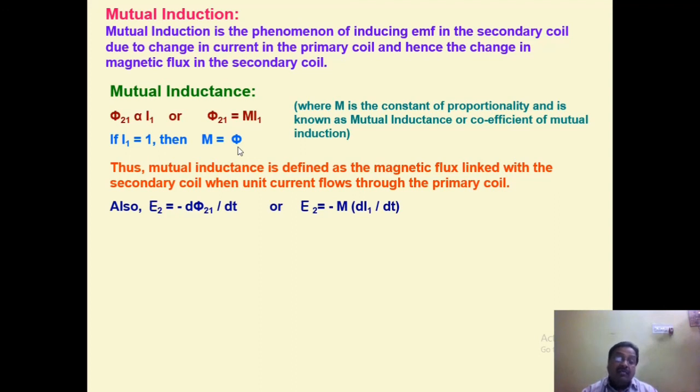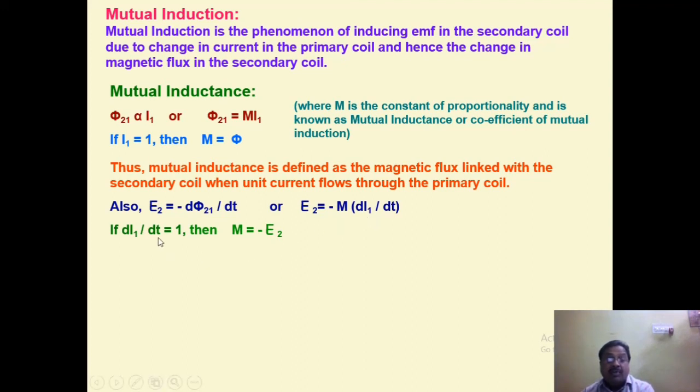Again, what will be the EMF induced? E2 will be equal to minus d phi 2 by dt. Substitute phi 21 equal to M I1 here. So E2 will be equal to minus M dI1 by dt. From this you can also define mutual inductance.